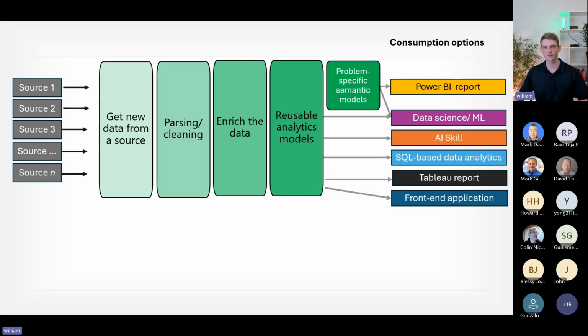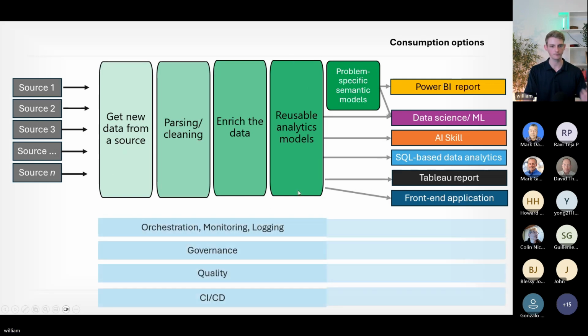And when you have a lot of different options, it helps if most of your modeling is done in this section here, right? Then you've got all these layers of like orchestration, monitoring, logging, governance, quality, CI/CD.